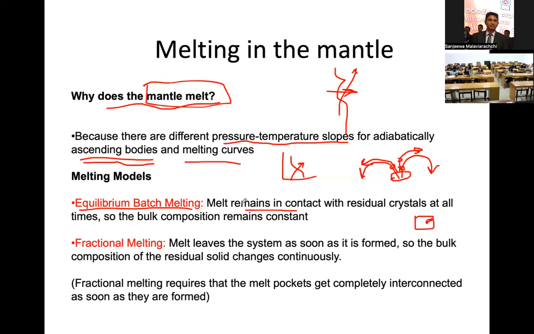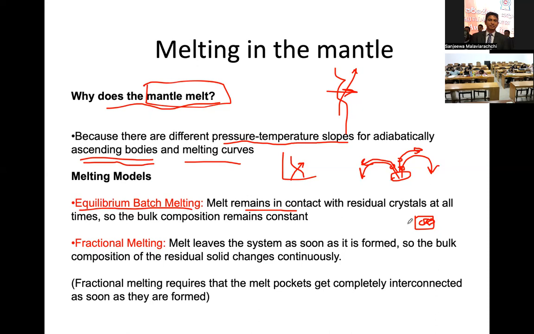Okay, so this melt remains in contact. It will not go out. It will remain there. So in another place, maybe another drop of melt formed, like that. It will be a kind of accumulation of drops of melt, and they remain in contact with the solid.